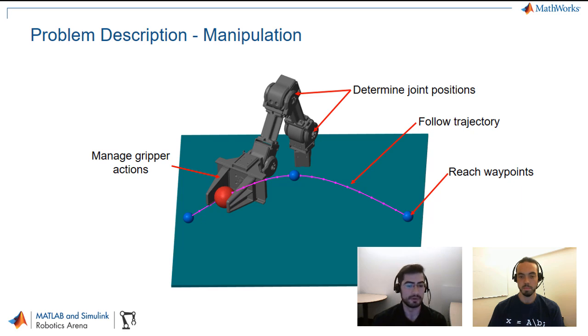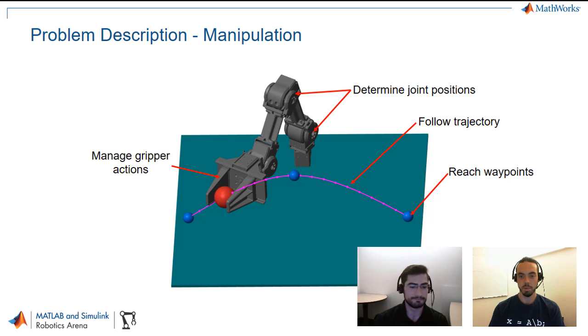We are gonna be showing basic manipulation tasks, so how to manage the gripper actions, how to determine the joint position. So this is going to be the forward and inverse kinematics. Then we're going to follow a trajectory, try to reach some waypoints within that trajectory.